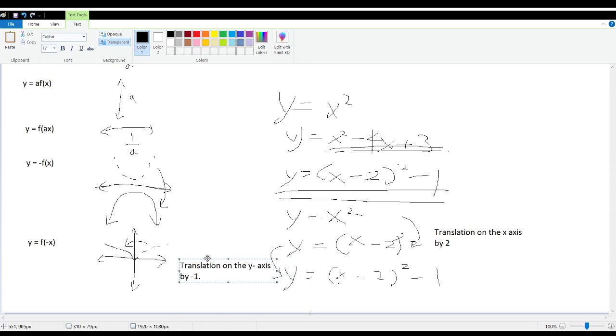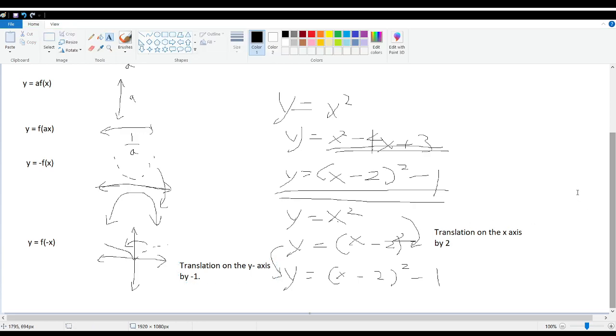Just like that, we got it. So when asked to describe the transformation, you say that from x squared to this one, it should be a translation on the x-axis by 2, and then a translation on the y-axis by negative 1.